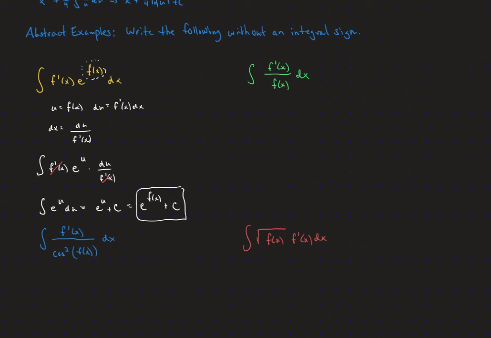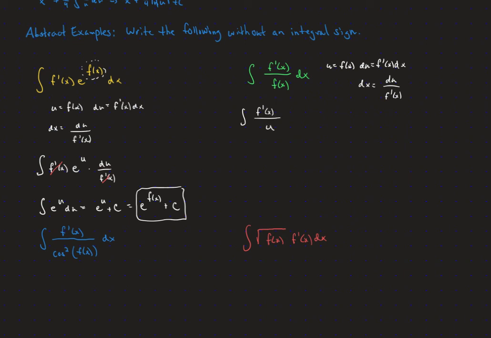Kind of different. In similar fashion, we can say u is the denominator function, f of x. That makes du, again, f prime of x dx, which, solving for dx, gets us du over f prime of x. That makes our integral, the f prime of x we had to start with.